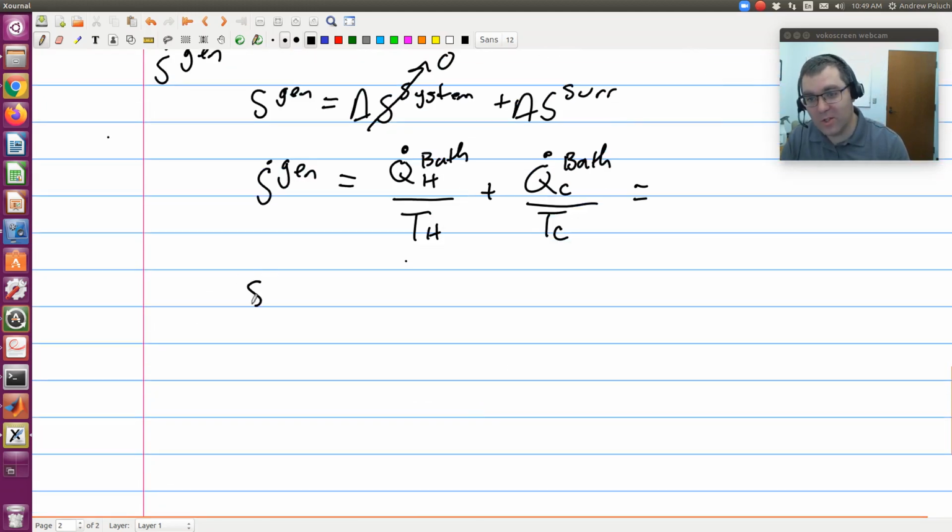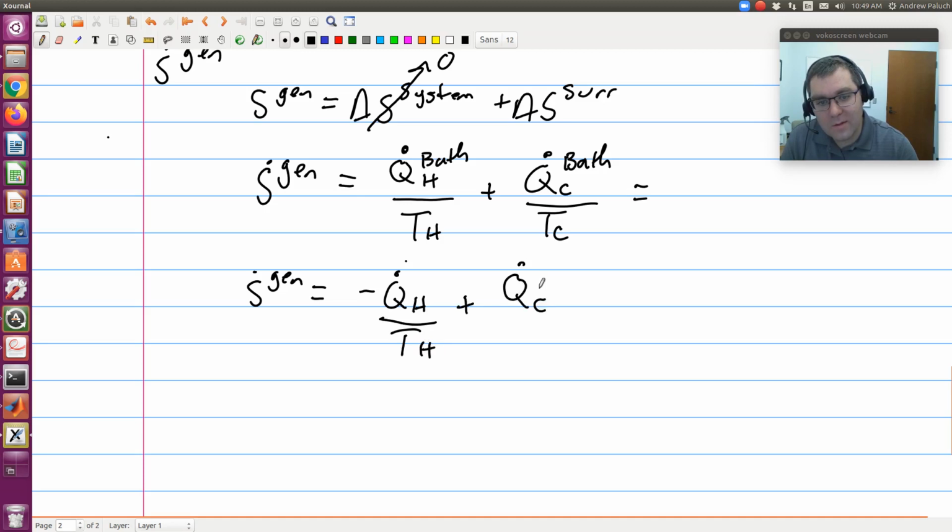So I get S gen would be equal to negative Q dot H, what I've labeled as Q dot H, thinking about heat from the perspective of my boiler, divided by TH, minus Q dot C over TC.